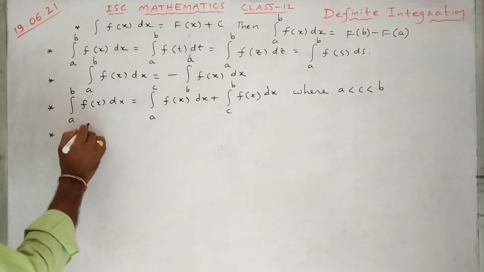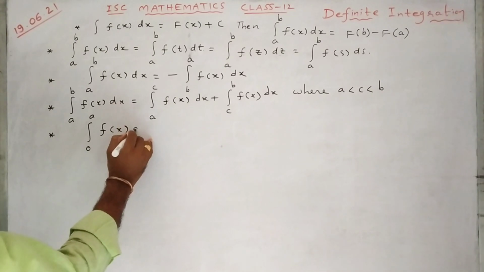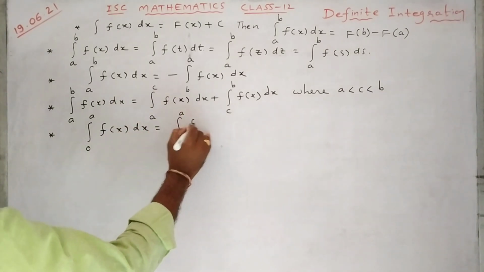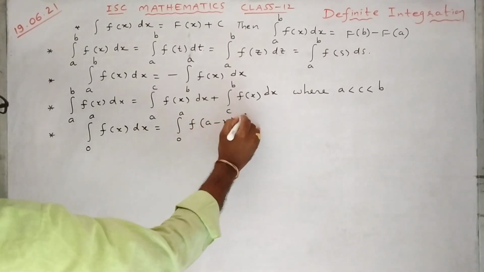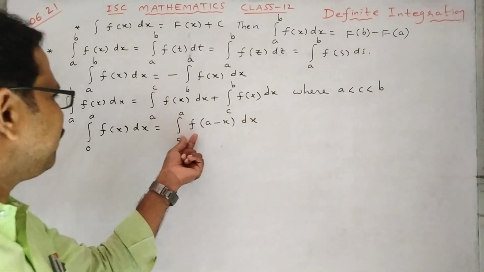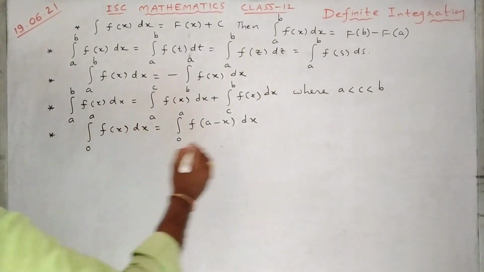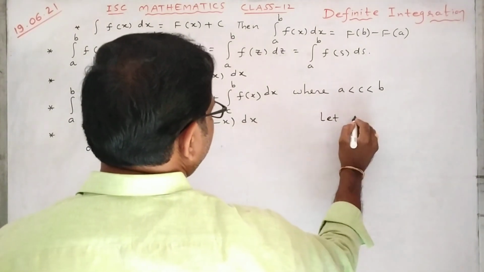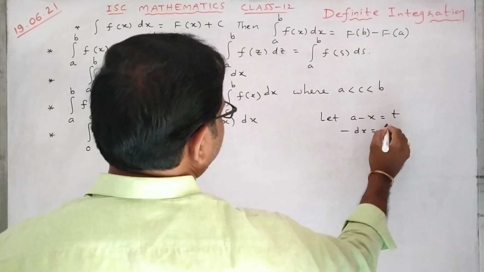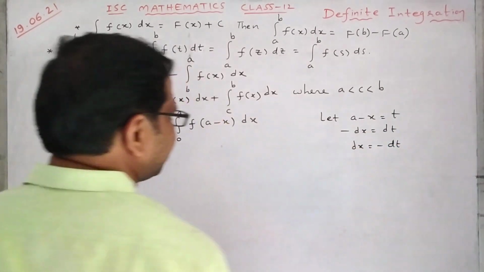Remember that. Similarly, one more important property: integral 0 to a f of x dx equal to integral 0 to a f of a minus x dx. For this, we can take a minus x equal to t, then minus dx equal to dt, dx equal to minus dt.